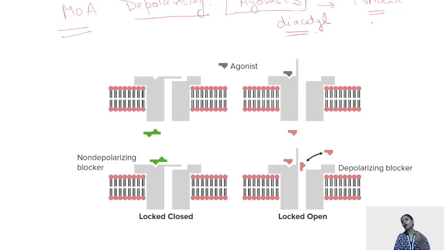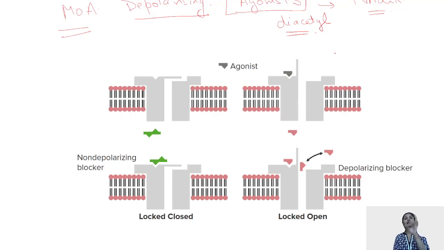But then how come it causes paralysis? What happens is that there is a consistent and sustained depolarization of the muscle membrane, and eventually no repolarization state comes. And when there is no repolarization, your muscle gets into fatigue and you have flaccid paralysis.